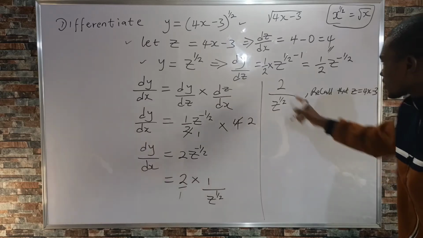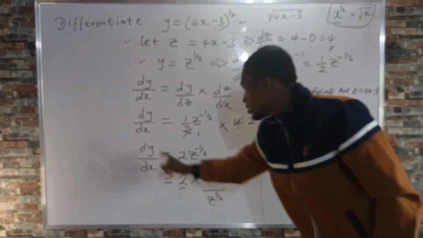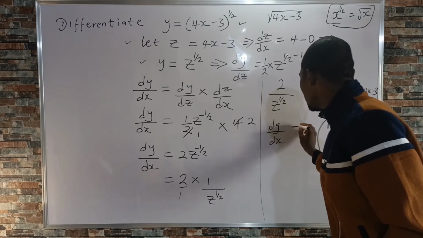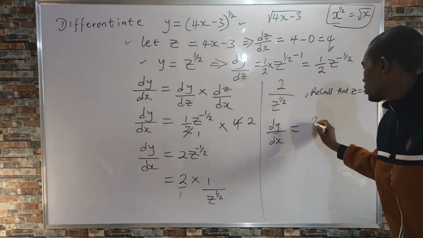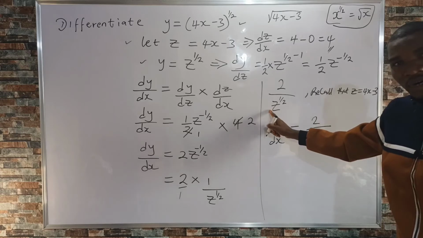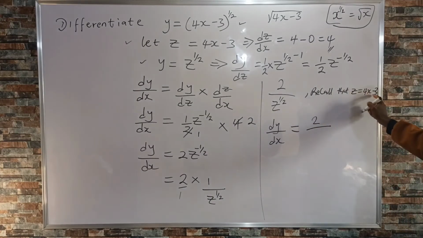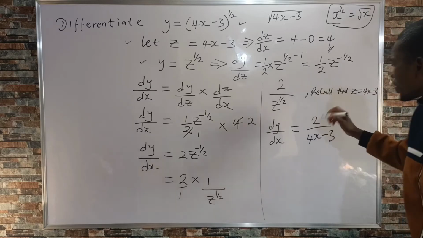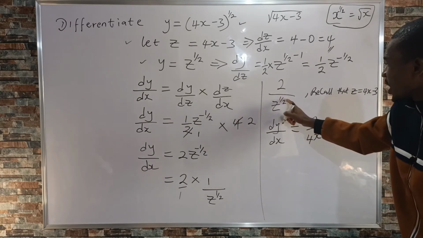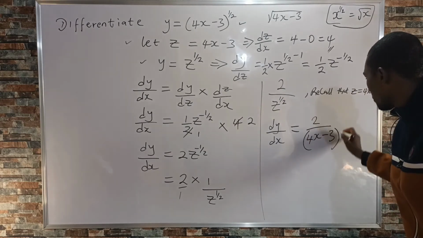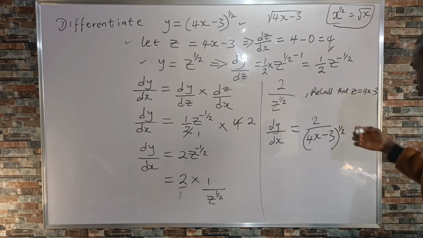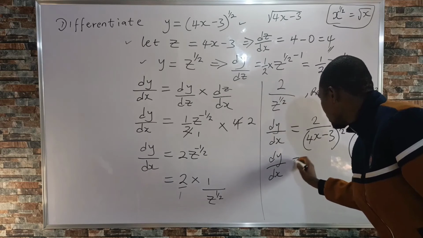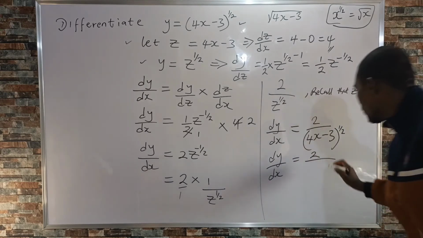Okay? Such that here we have that our dy/dx is equal to 2 all over what is now our z. Our z is 4x minus 3. But because we have half here, we can still raise it to the power of half.